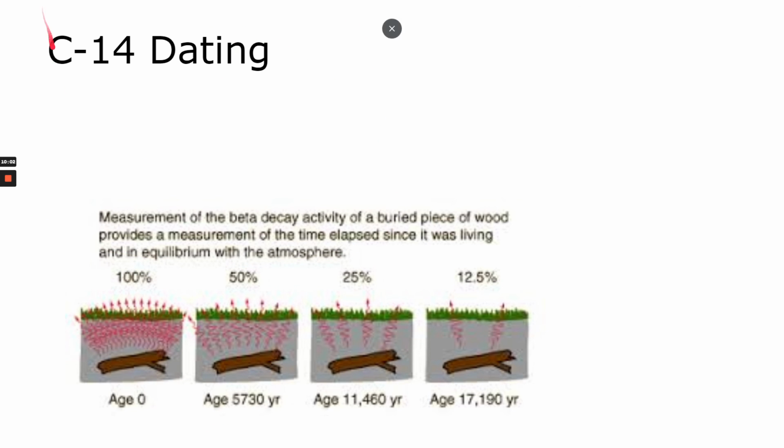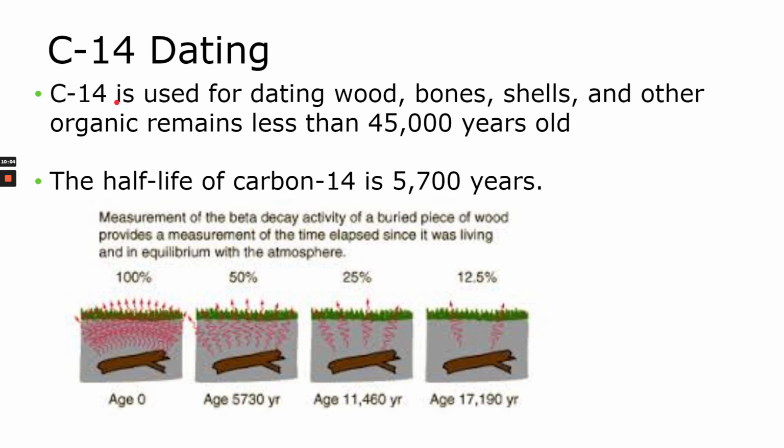Carbon-14 tends to be the one people are most familiar with. So carbon-14 dating is looking at carbon-14, which is, again, that radioactive isotope. It's used to date wood, bones, shells, and other organic remains. So when we say organic, what we mean is used to be or is living. And it's only good for about 45,000 years. So this is not really useful for geology.